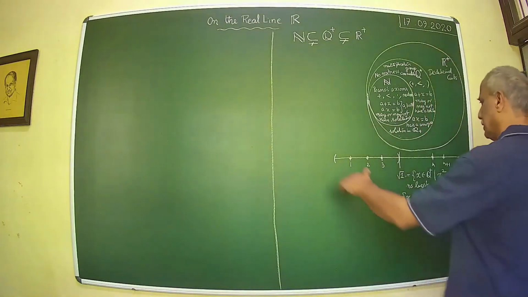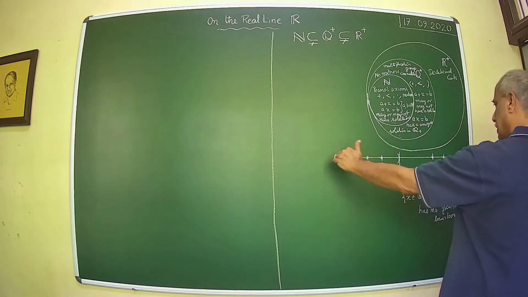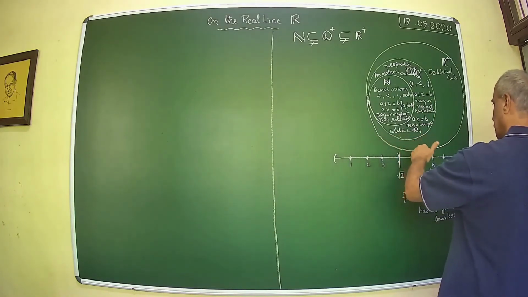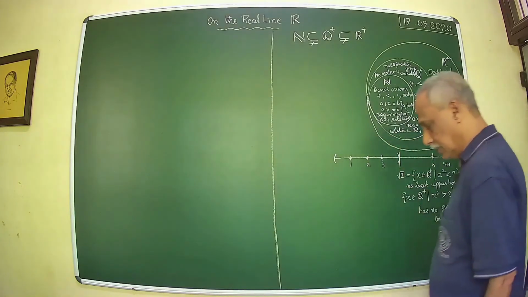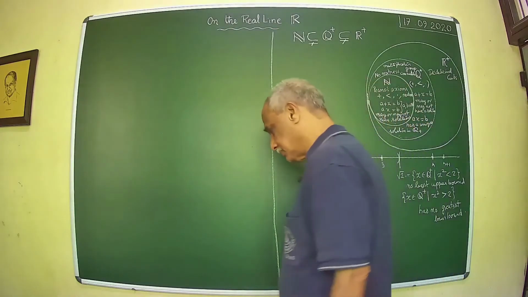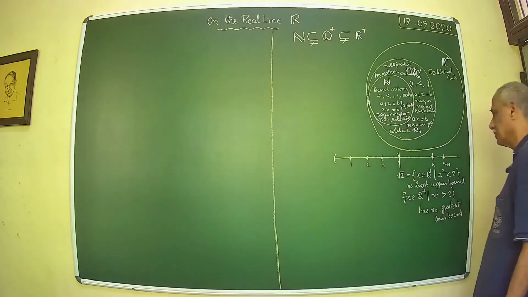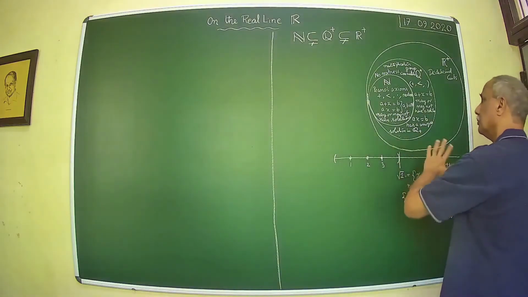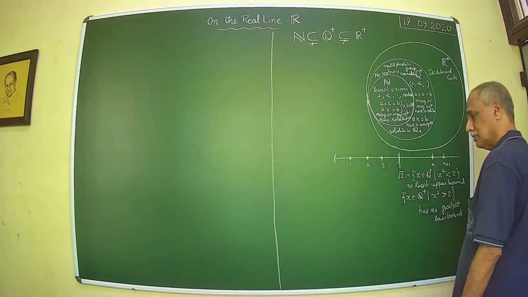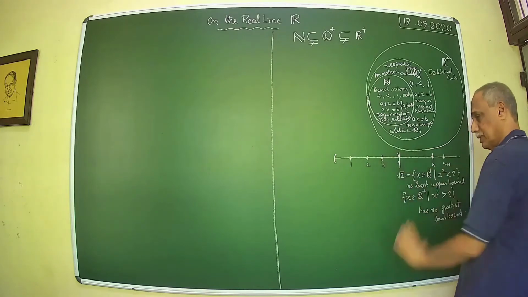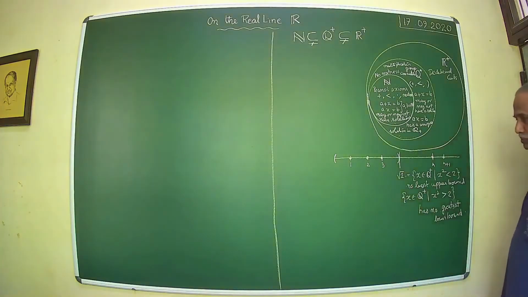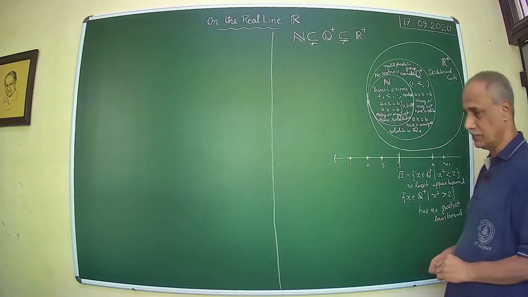Now you can show that, in R plus, every bounded subset has a least upper bound. So the least upper bound property is satisfied.